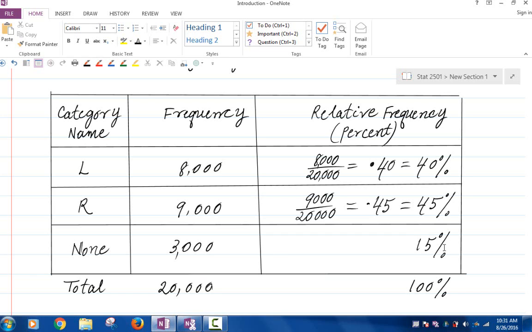So the relative frequency for Landon is 40%, for Roosevelt it is 45%, and for none it is 15%. That should add up to 100%. Is everybody okay with that?